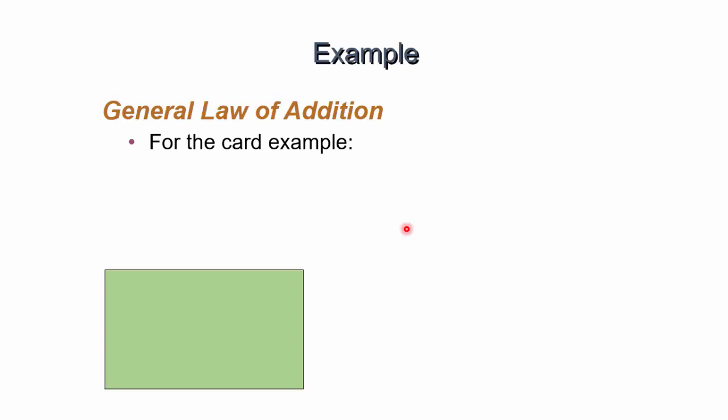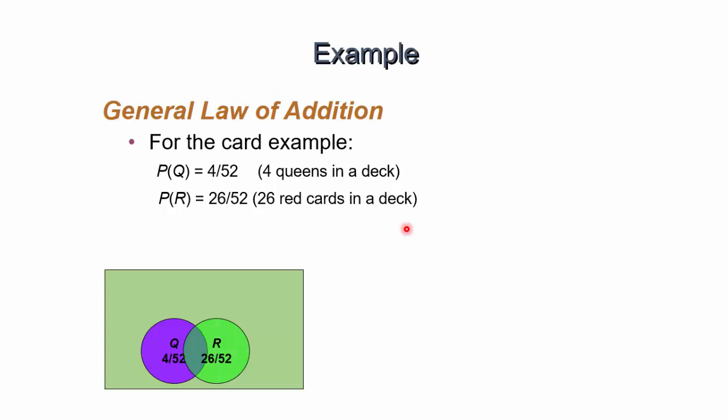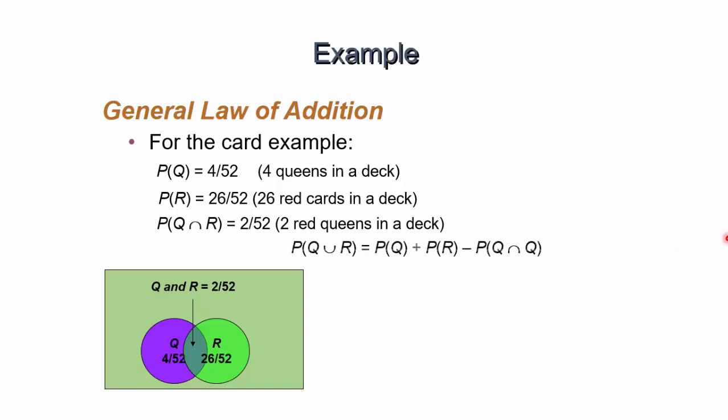Let's look at an example for the general law of addition. For example, a fair pack of cards. Now, what's the probability of getting a queen? There are 4 queens in a deck, so 4 of 52 cards. What's the probability of getting a red card? There are 26 red cards of 52. Now, the probability of having a queen which is also red: there are 2 red queens in a deck. So if we were to find the probability of getting a queen or a red card, we would be adding queen once and red once.